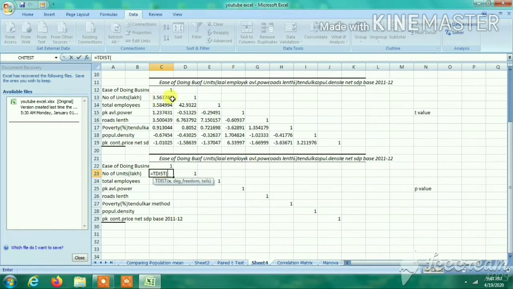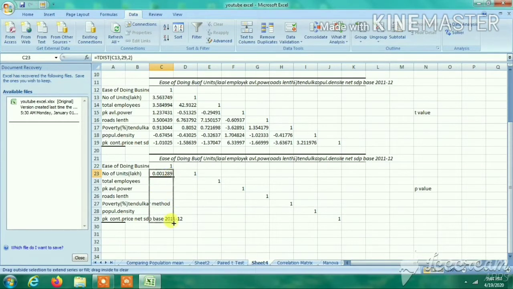Write the value of t here, that means C13, comma, the degrees of freedom, n minus 2, 31 minus 2, that is 29, comma. Since it is a two-tailed test, just write 2, not 2-tail, only 2. Bracket close, click, and the p value will come.